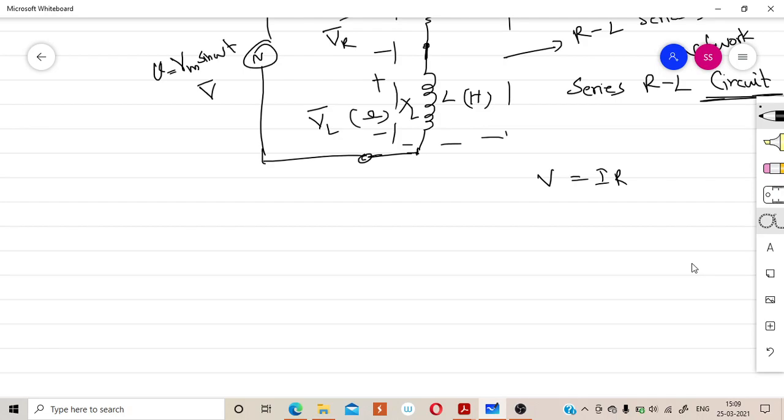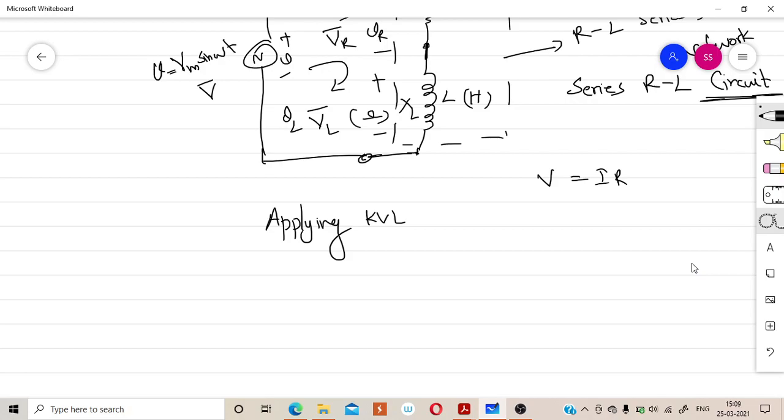Now I am applying KVL. In general, V, the small letter v, is the instantaneous supply voltage, VR is the instantaneous value of voltage drop across the resistor, and VL is the instantaneous value of voltage drop across the pure inductor.